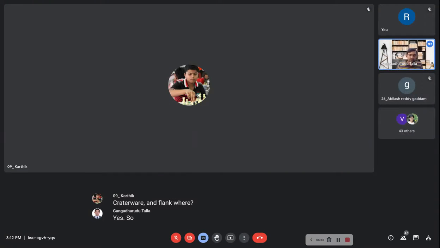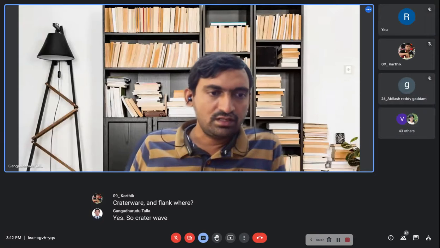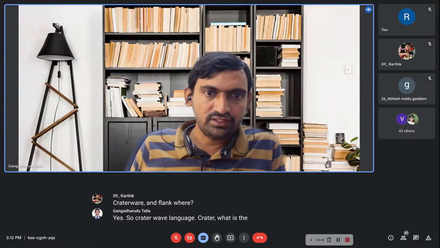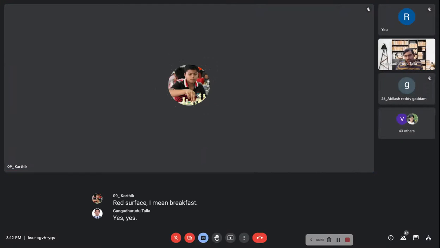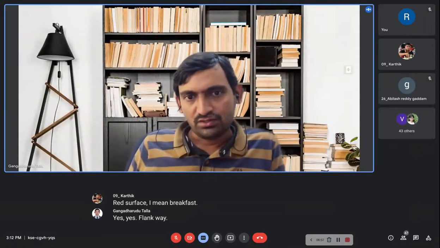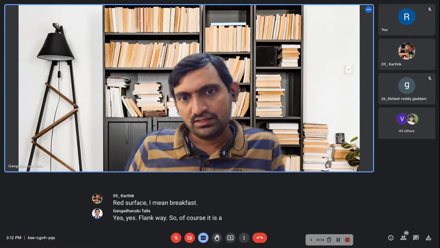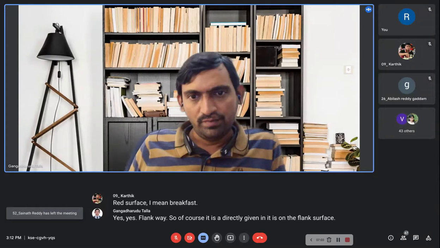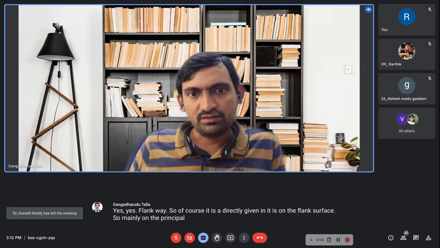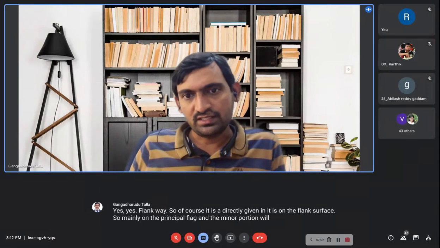So crater wear, flank wear. Crater wear, what is the location of the crater wear? Rake surface. I mean rake face. Yes. Flank wear, of course, is on the flank surface. So mainly on the principal flank, and a minor portion will be there on the auxiliary flank as well.